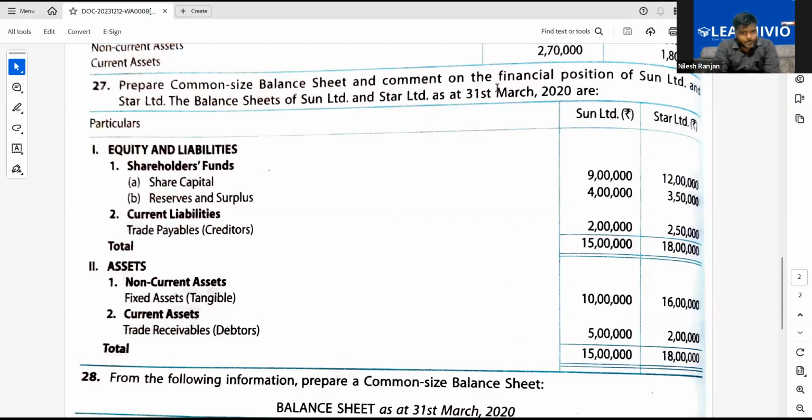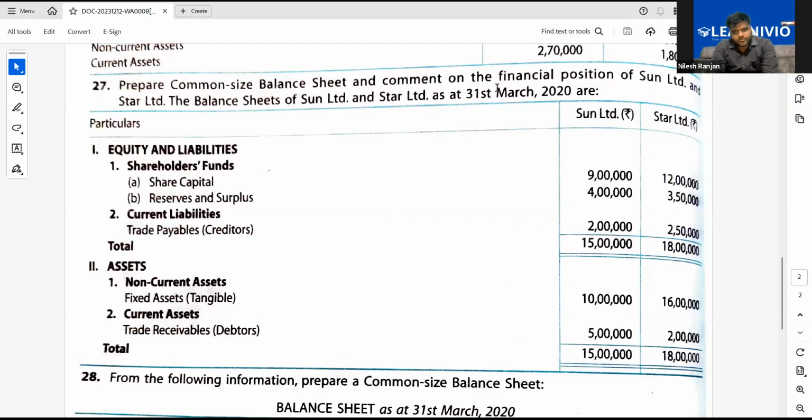Nadia, still not completed? Okay. You tell me the Star Limited amount percentage. For share capital, it is 66.67, and reserves and surplus 19.44, and trade payables 13.89.